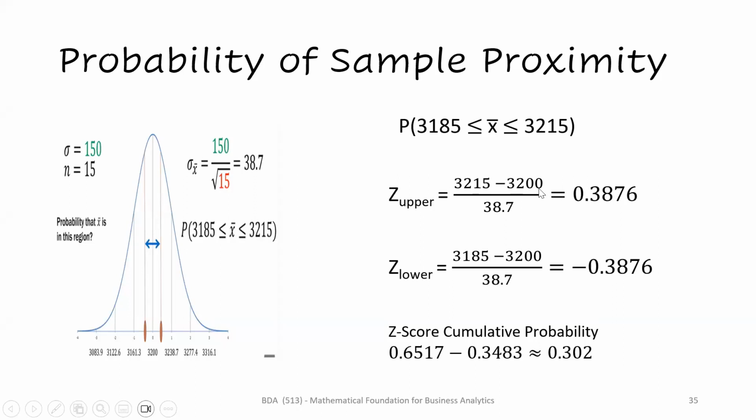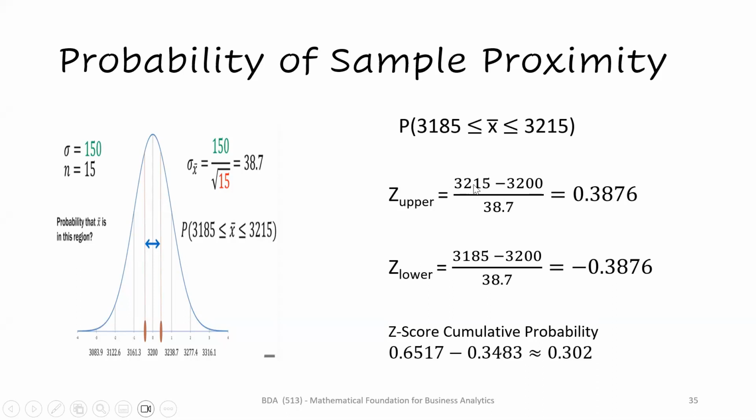Per what we've learned already with the z-score, we deduct the mean from the observed value, and then we divide that by the standard deviation. Here our standard deviation is the standard error of the mean for this sampling distribution, which is 38.7.